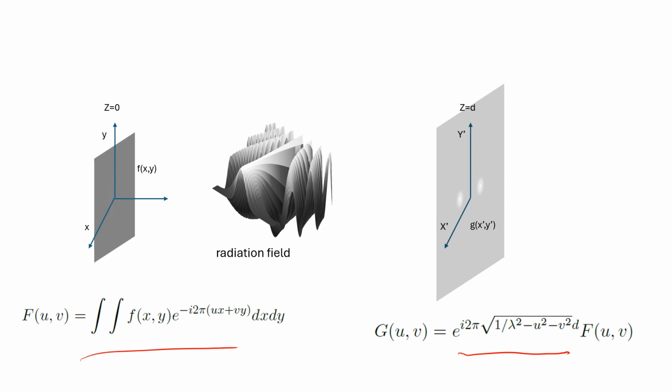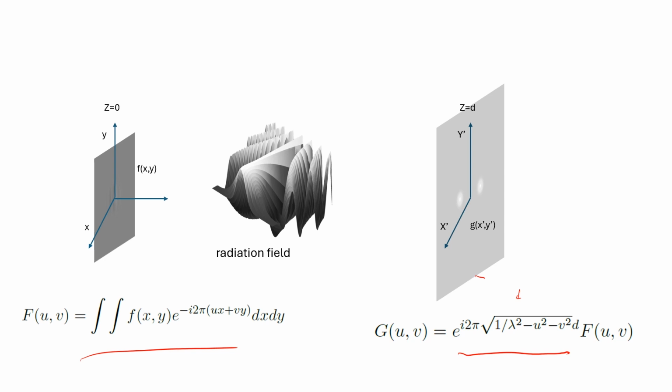So now all we have to do to propagate the field from this input plane to the output plane is take its Fourier transform, multiply by this phase delay, and then inverse Fourier transform, and now we have a relationship between the input and the output plane waves.